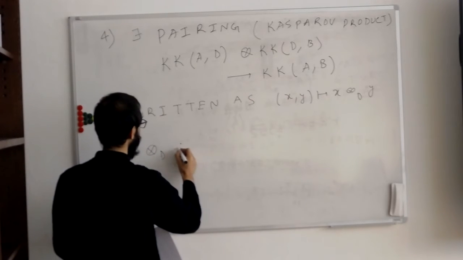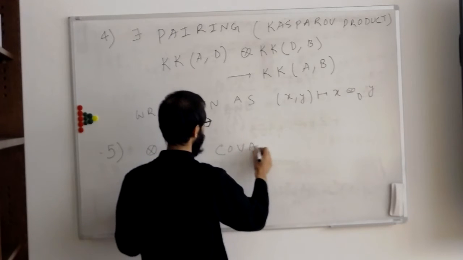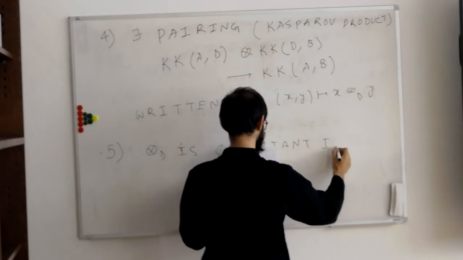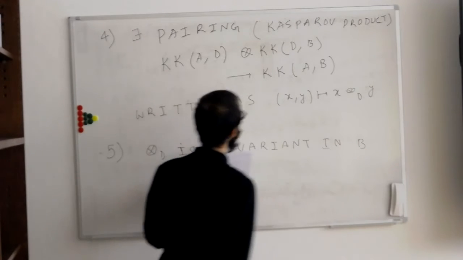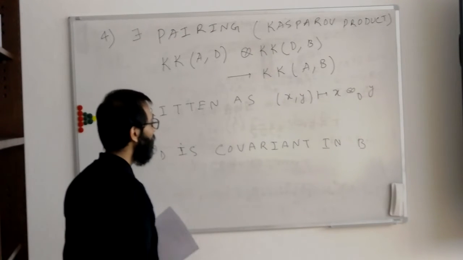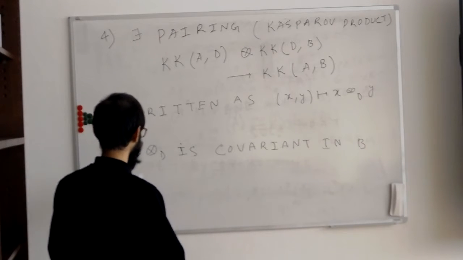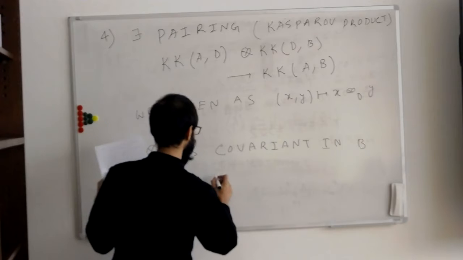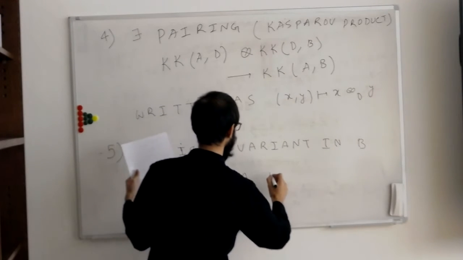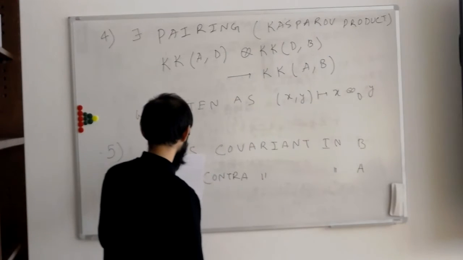Tensor D is covariant in B. What does this mean? So this will become clear at the very last of the two talks. Covariant in B, contravariant in A.